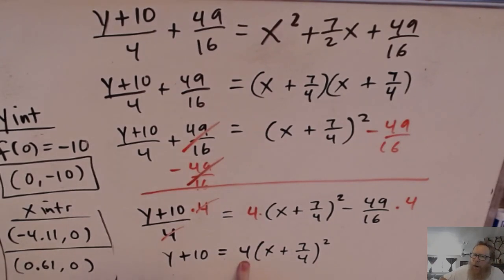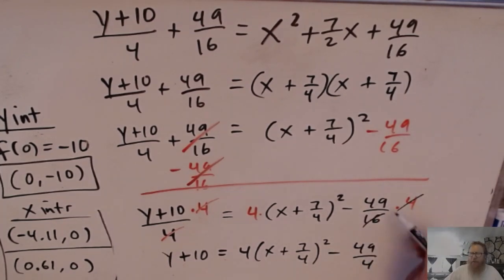Little brother. You got it. Little brother waits. So now your 49/16 multiplied by 4 becomes 49/4. You are so close. One more step. All you got to do is move this 10. Subtract 10 from both sides, and you are done.